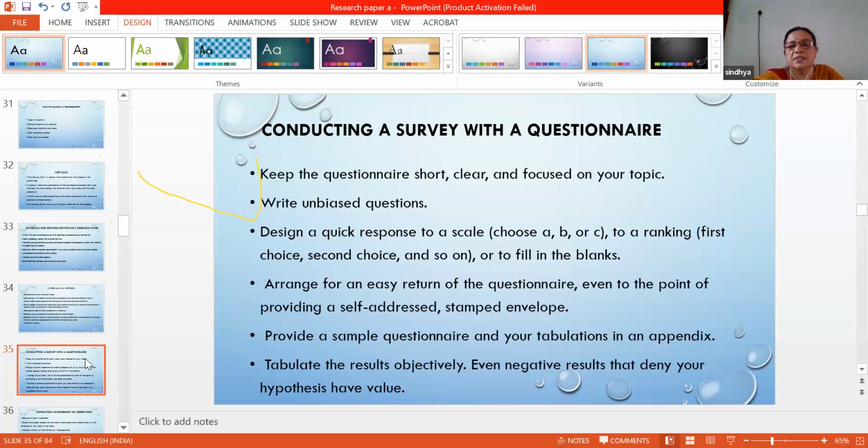Cooked-up data is another unethical part of research, done by many researchers knowingly or unknowingly. So in order to avoid it, we should ensure sufficient data is collected. That is, easy return of the questionnaire must be ensured, and provide a sample questionnaire in the appendix and tabulate the results objectively. Whatever results we get must be objectively reported.